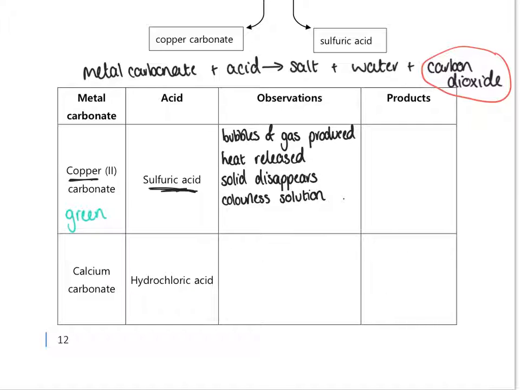So let's have a think of the salt that we're going to produce. Again, first part of the name comes from the metal, and so that's copper. Second part of the name comes from the acid, which is sulfuric acid, so it's going to be copper sulfate. We're then also, as our equation tells us, going to produce water and carbon dioxide.